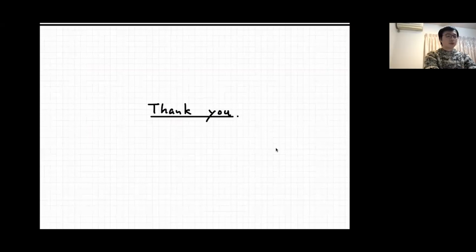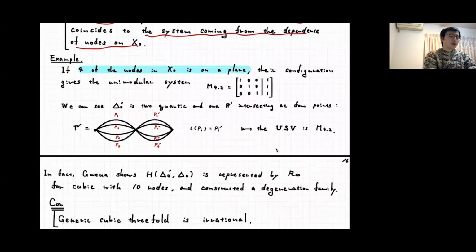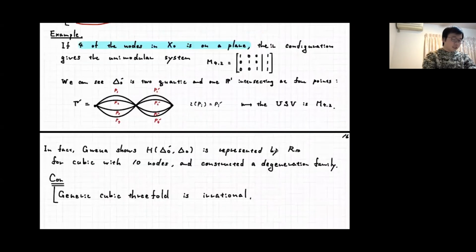Yes, essentially for the irrationality proof, what we wanted to use is checking that such a unimodular system associated to the degeneration of the Prym variety is given by R10. So such an appearance of the R10 is the key point of the irrationality proof.